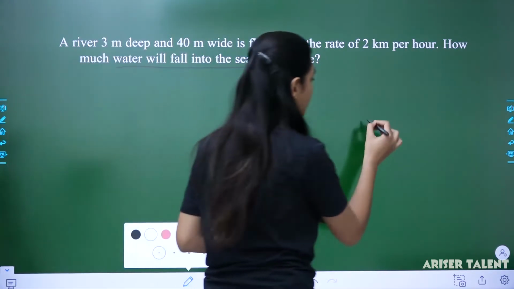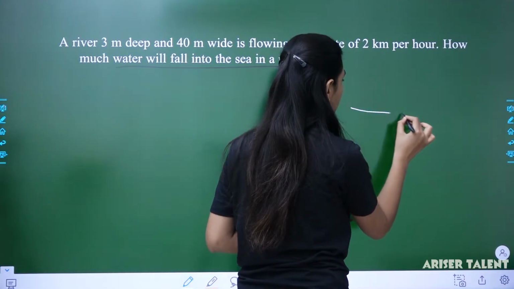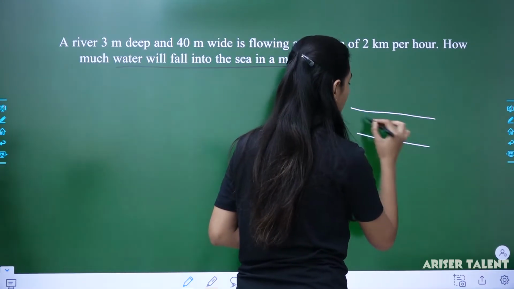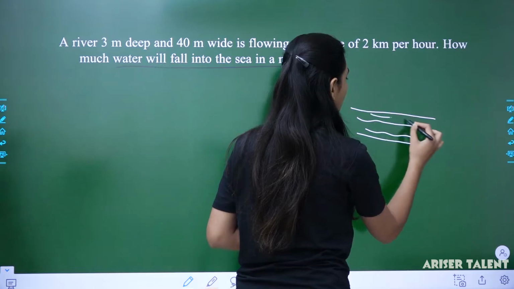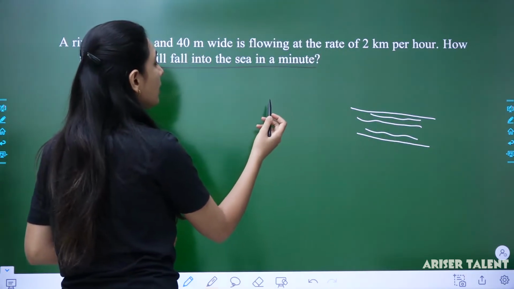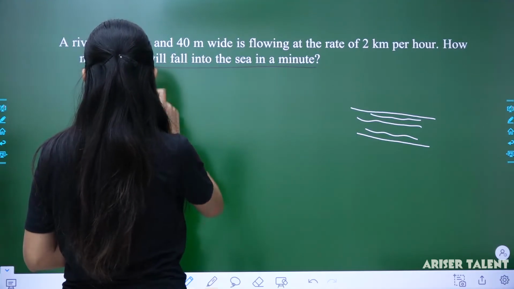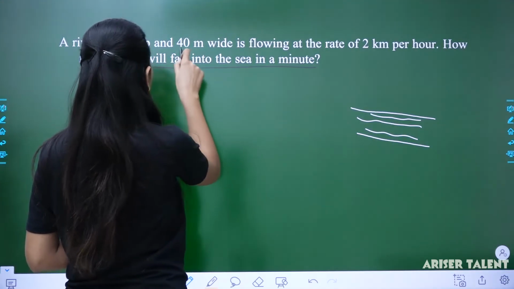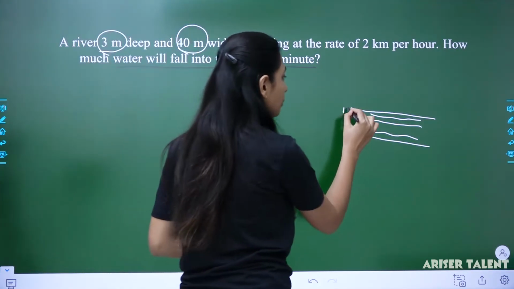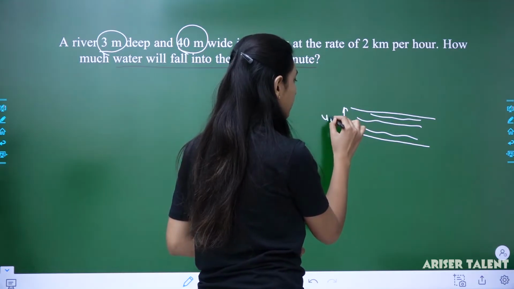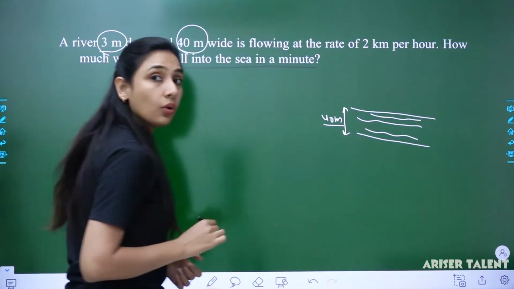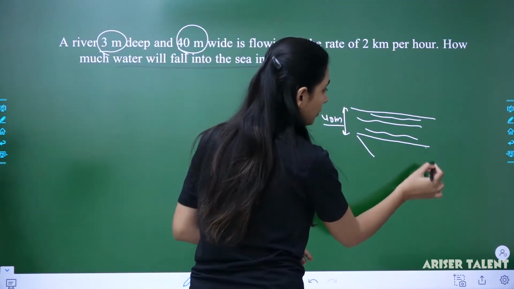We'll have a river here, the river is flowing here and you're given the 2 km per hour, that's the speed of it, and then you get the 3 meter deep and 40 meter wide. So this is 40 meter. Okay, and it's deep. Let's suppose it's deep.